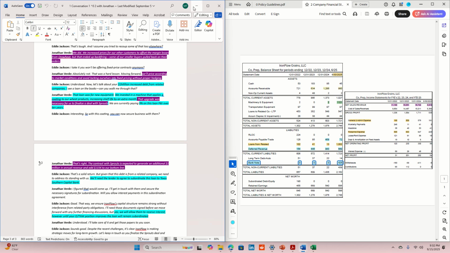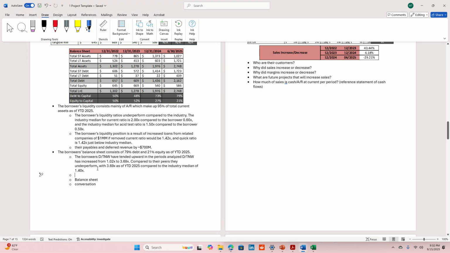Okay. Anyways, let's go back in. So, per our conversation with Jonathan, they have increased their debt from related companies by $1 million to finance the purchase of $1.1 million.